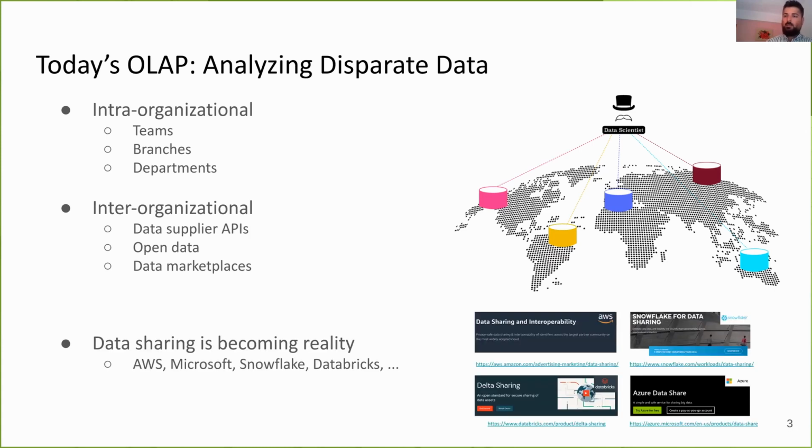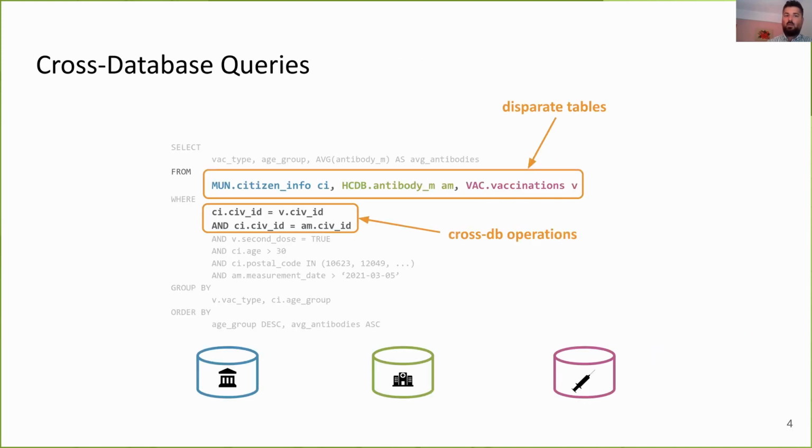And data marketplaces are actually accelerated by the fact that major cloud and database vendors are pushing in this direction. And when we talk about cross-database analytics, we refer to queries like this.